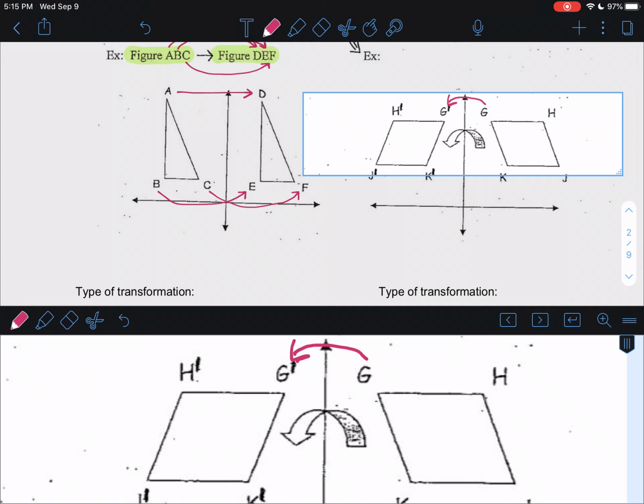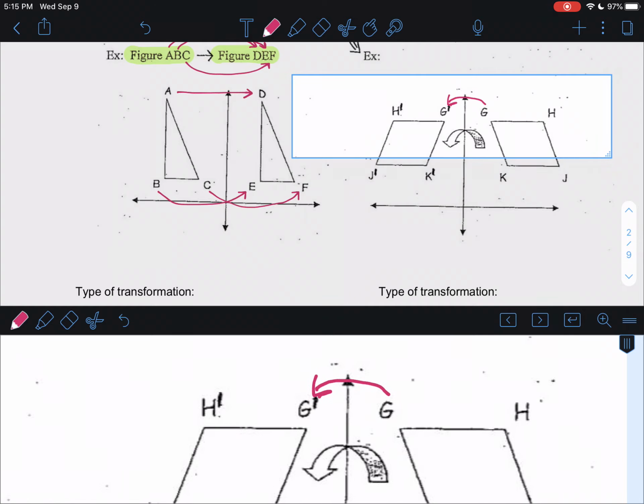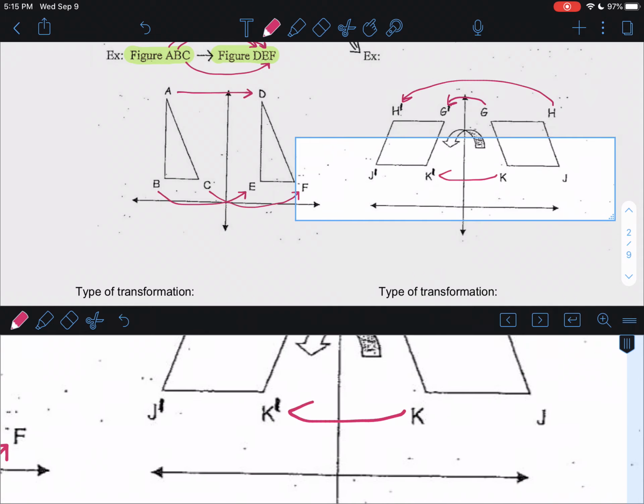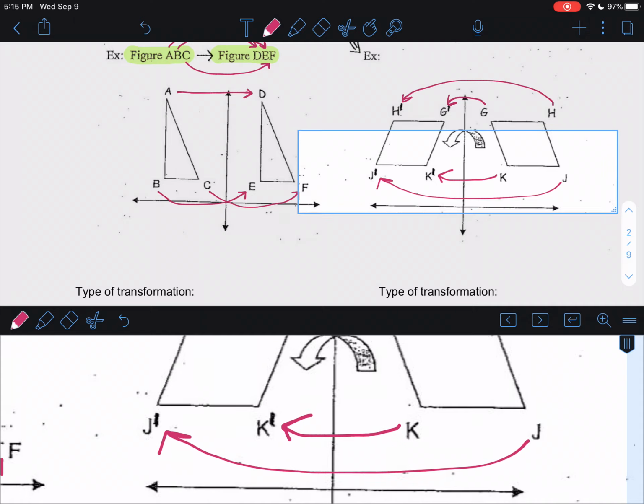It's almost like an apostrophe, but the way you read that is G prime. So if you see a little 1 as an exponent, basically, it means prime. So that's G prime, and H onto H prime, and K onto K prime, and J onto J prime. And we can see that it reflected here.